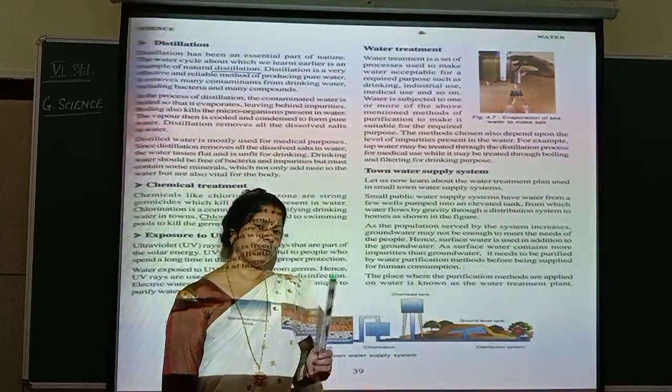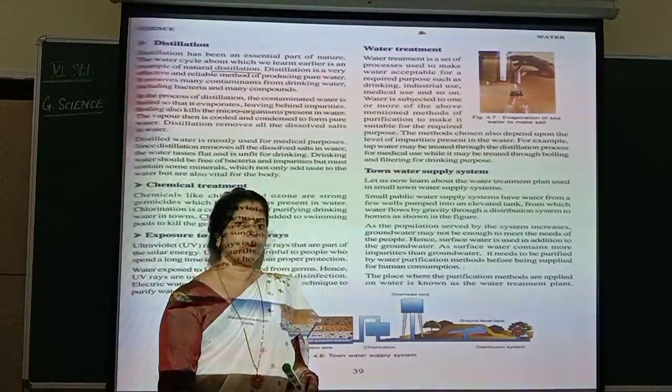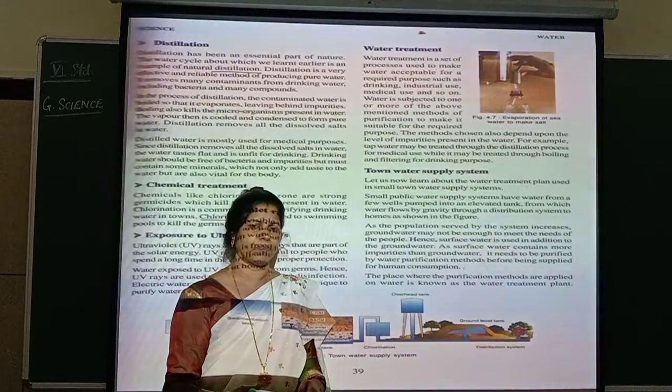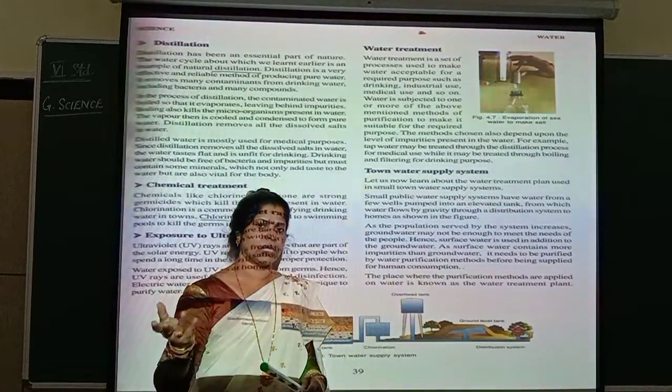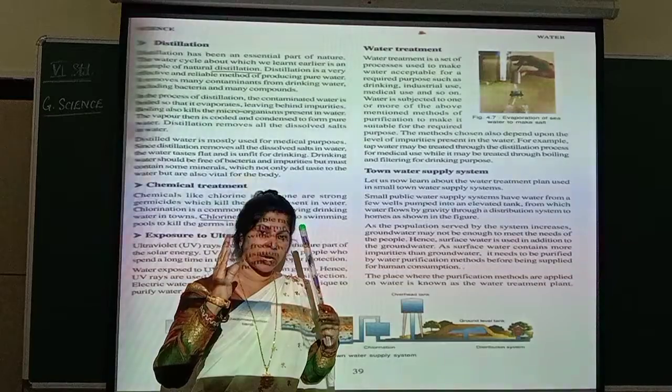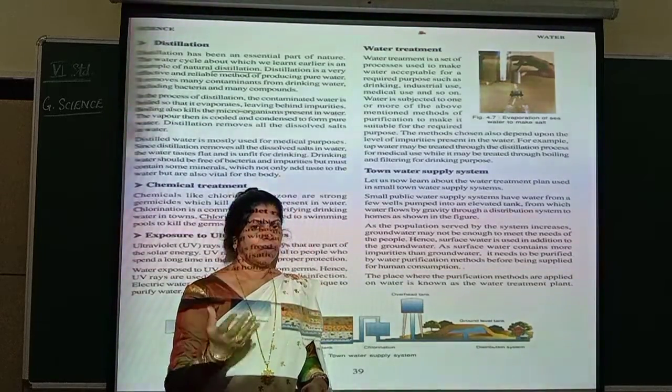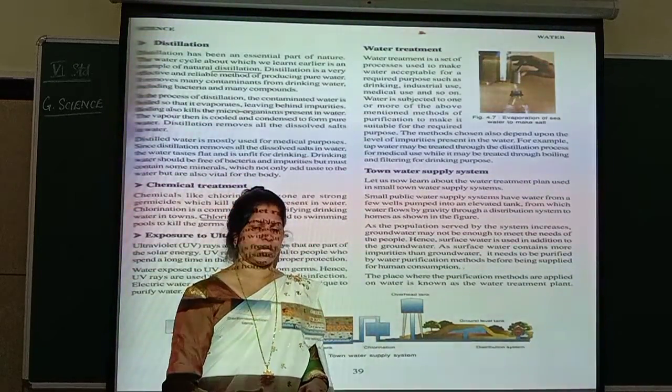Already in the previous class I have explained to you about surface water and groundwater. Surface water means river, lake, pond, sea and all that, wherein we are able to see, which consists of more impurities.